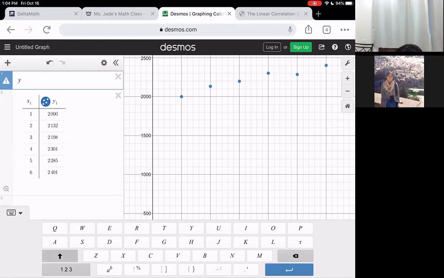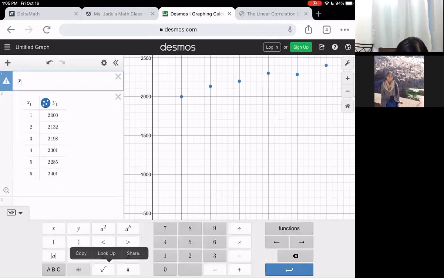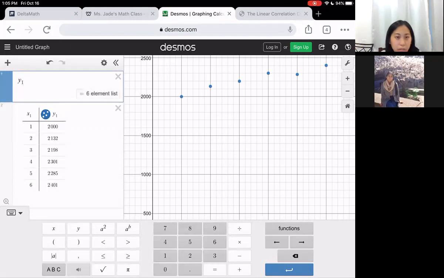I'm not sure I can type it on my iPad, which I did not anticipate. Oh, okay. On my iPad, I can press it over here next to the 1, 2, 3, this button. But you can see on the link that you watched earlier that on the computer, you can type y_1 to get this.